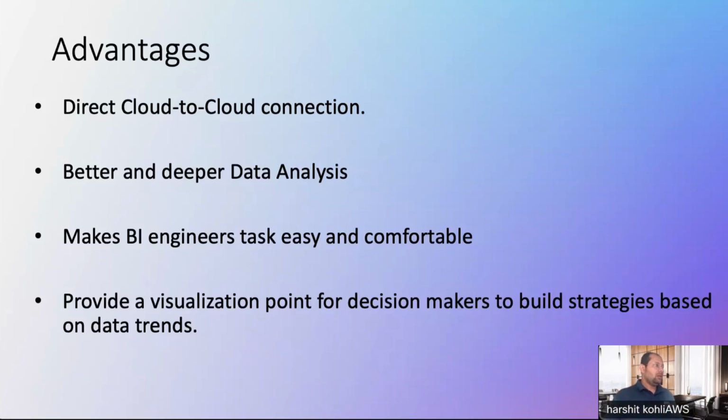The other advantage is better and deeper data analysis. Whatever kind of joins or queries you do with Redshift, such as inner join, left join, right join, or union, you can work with those same joins while building your dashboards as well. You can apply an inner join, a right join, a left join or a union while creating that analysis.